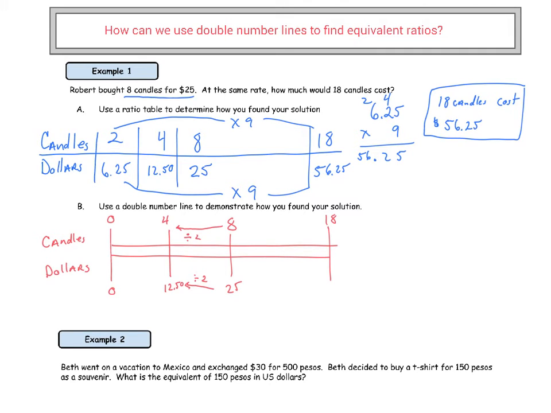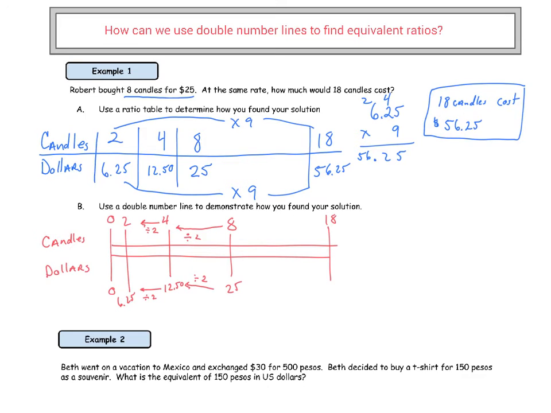I still can't figure out a factor when multiplied by 4 that will give us 18. So again, we have to break it down one more time. Let's divide both the top and bottom by 2. When we divide this ratio by 2, we end up getting an equivalent ratio of 2 candles costing $6.25.